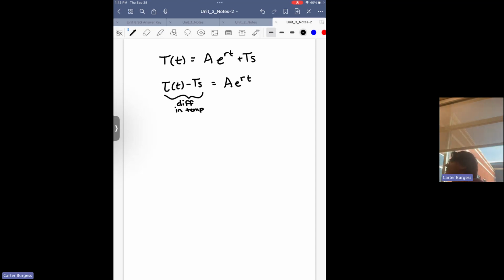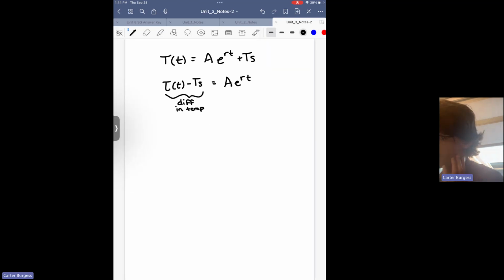So what we're really looking at here is not just what's going on with the temperature, it's what's happening to the difference in the temperature. So what's happening to how my warm lunch compares to the surrounding temperature of the room. For that reason, A is not the initial temperature of the object, but is instead the initial difference in temperature.